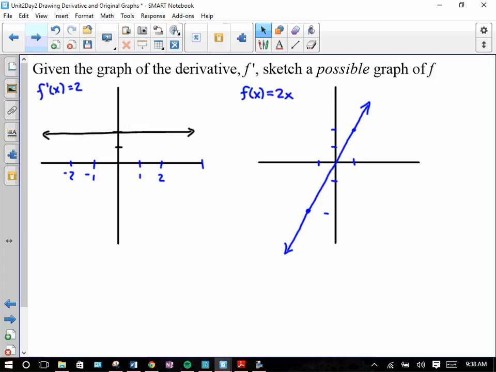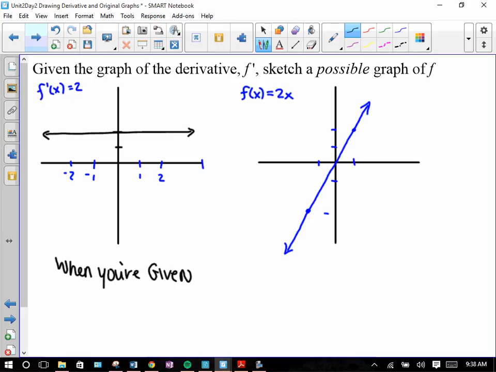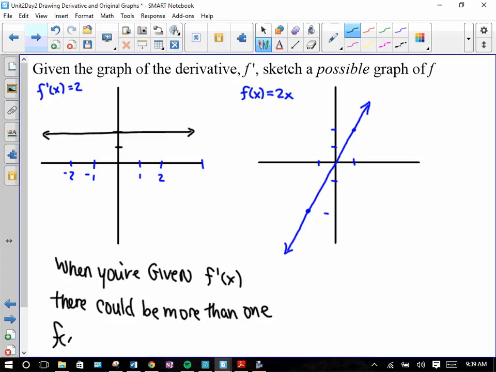So when you're given f prime of x, there could be more than one f of x. That's going to play a big role in what we talk about later in the class when we start talking about what we call integration. Okay.